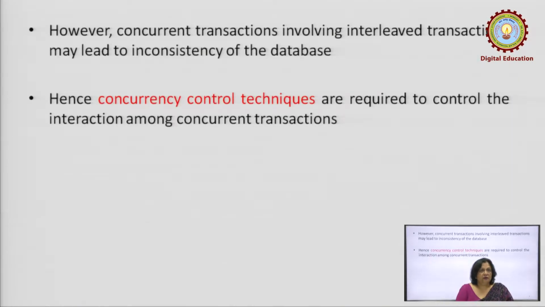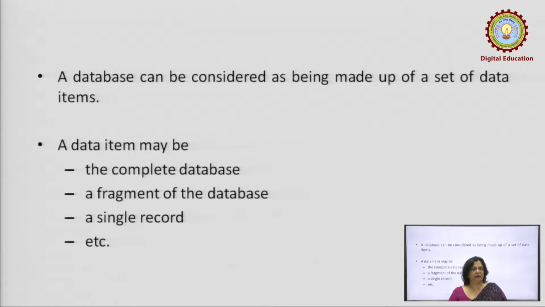We have also seen that concurrent transactions involving the interleaved execution of transactions may sometimes lead to inconsistency of the database. Hence, the concurrency control techniques are required to control the interaction among the transactions in such a way that consistency of the database is maintained.